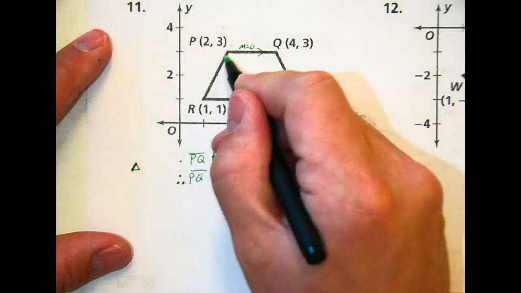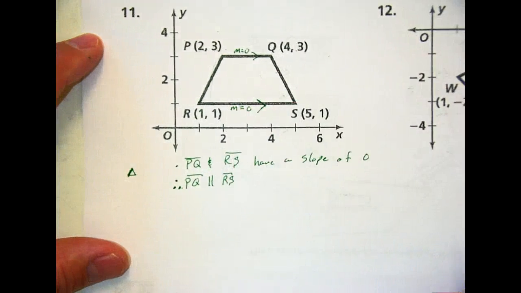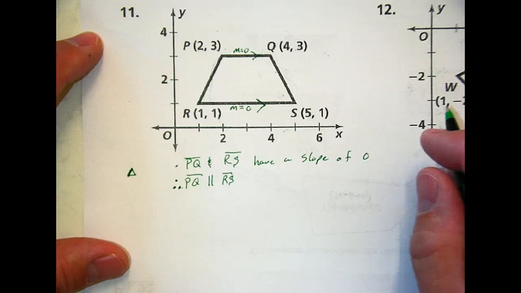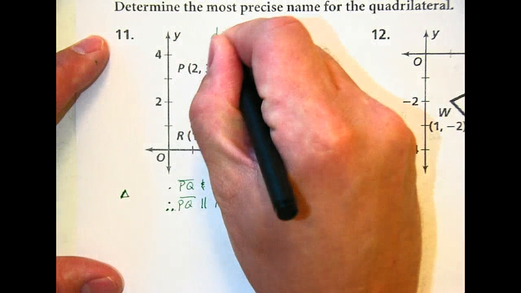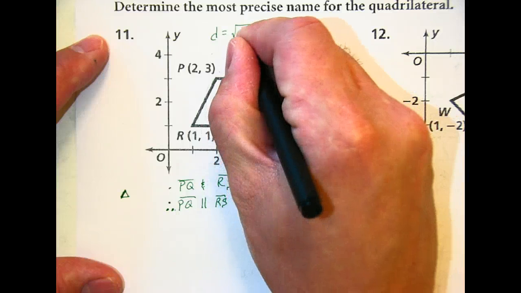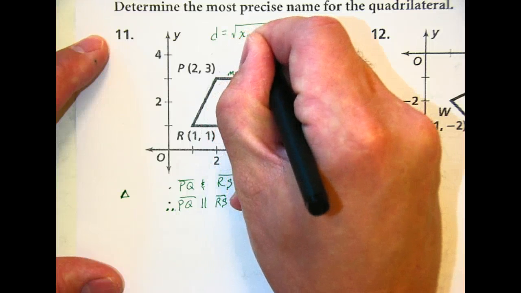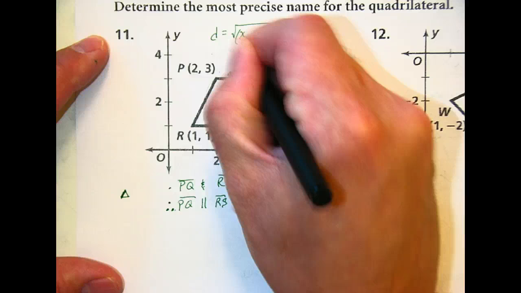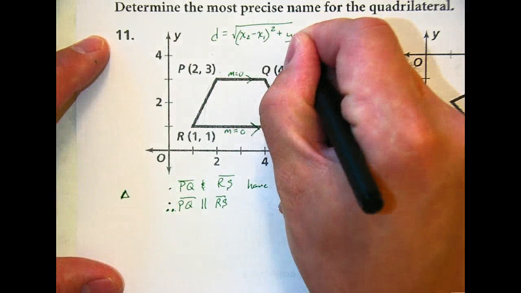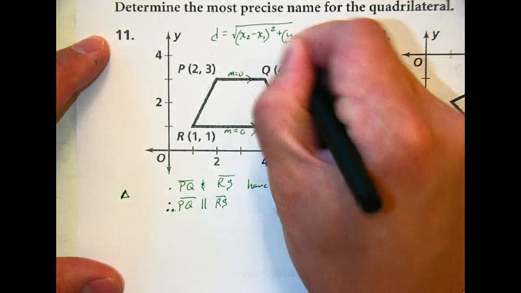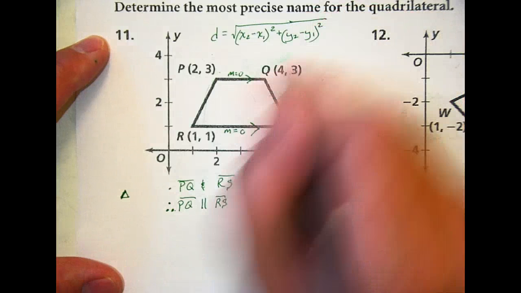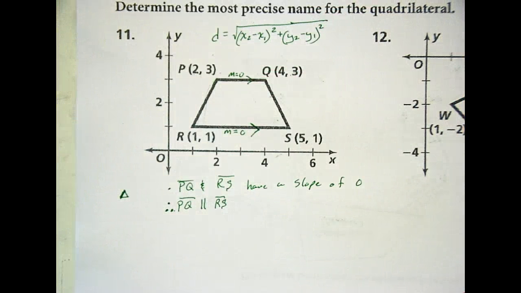But what was our distance here? How many used that big formula? Distance equals square root of x2 minus x1 quantity squared plus y2 minus y1 quantity squared. I'm so excited to use that formula. How many used that formula? Did anyone draw triangles to find the distance?